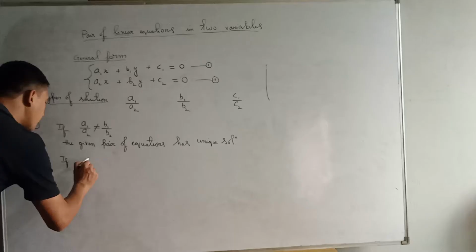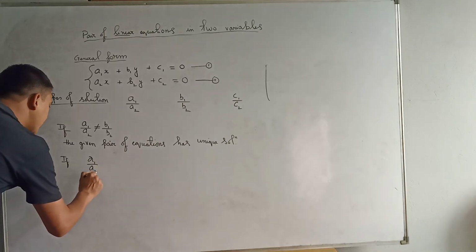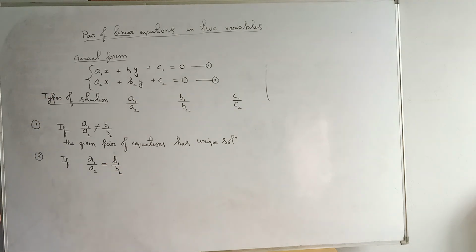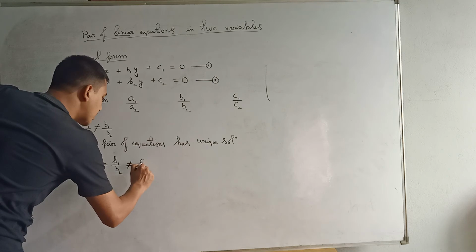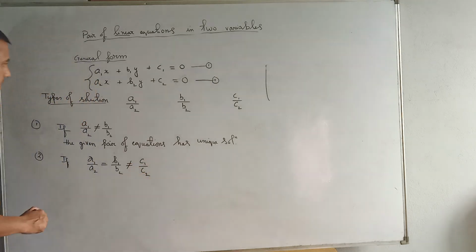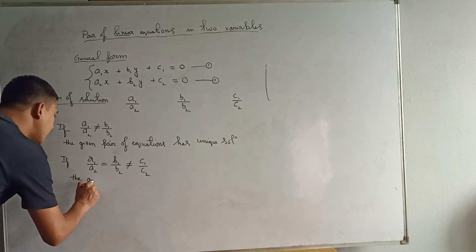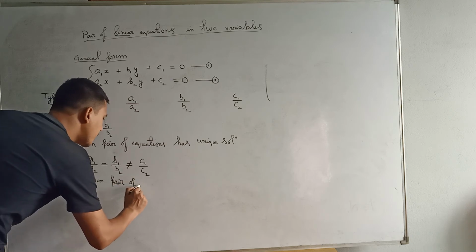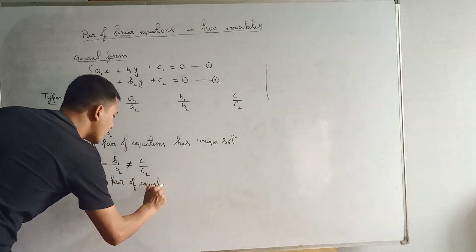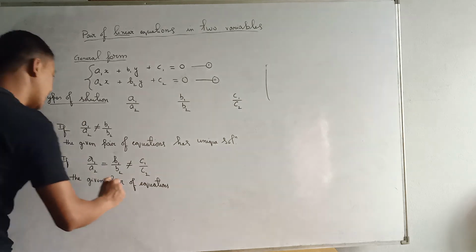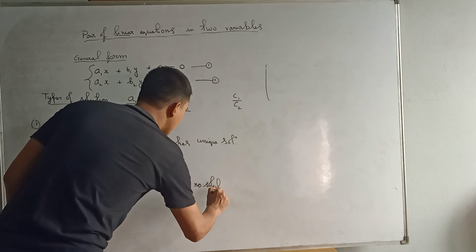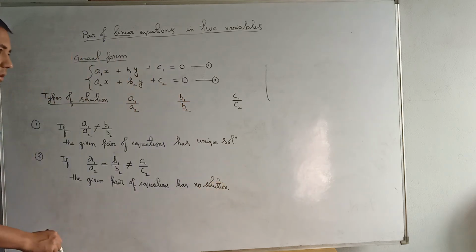That means if A1 upon A2 is equal to B1 upon B2, the first two ratios are equal, but it is not equal to your third ratio. Then we can say that the given pair of equations has no solution. No solution. Is it okay?